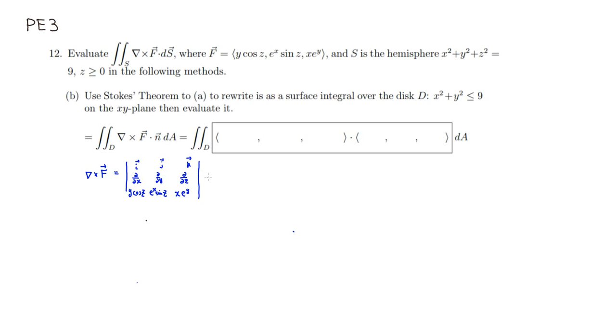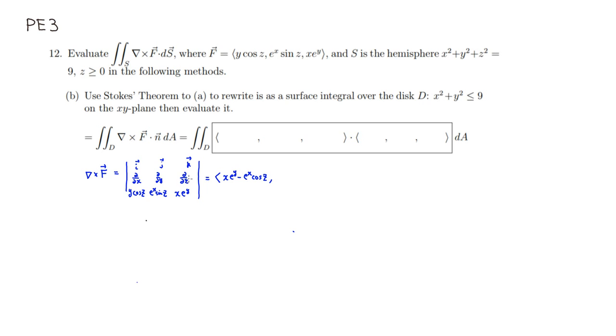So this is going to be equal to: the first component, partial of x e to the y with respect to y, which is still x e to the y, minus the partial of this one with respect to z. So you have e to the x, and the derivative of sine is cosine of z.